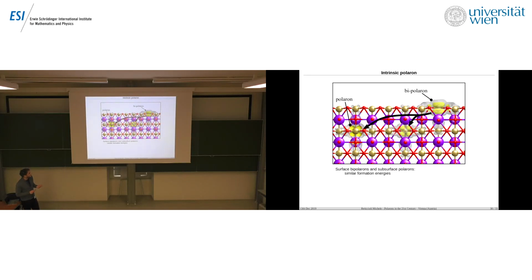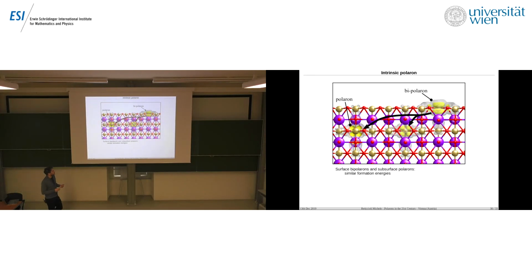And these 2 electrons can actually dissociate and form 2 single polarons. Single polarons are better localized in the subsurface layer. And the energies of these 2 objects and this double polaron are kind of equivalent.